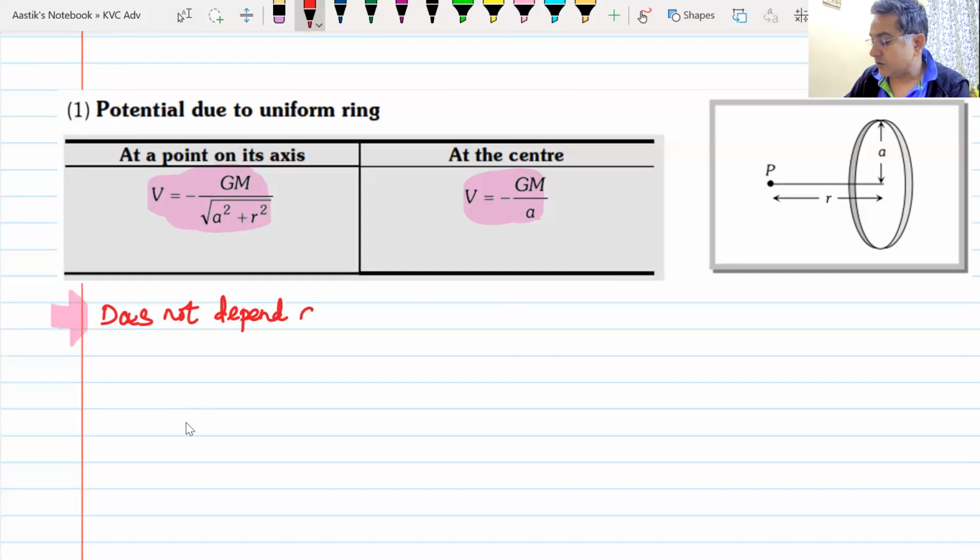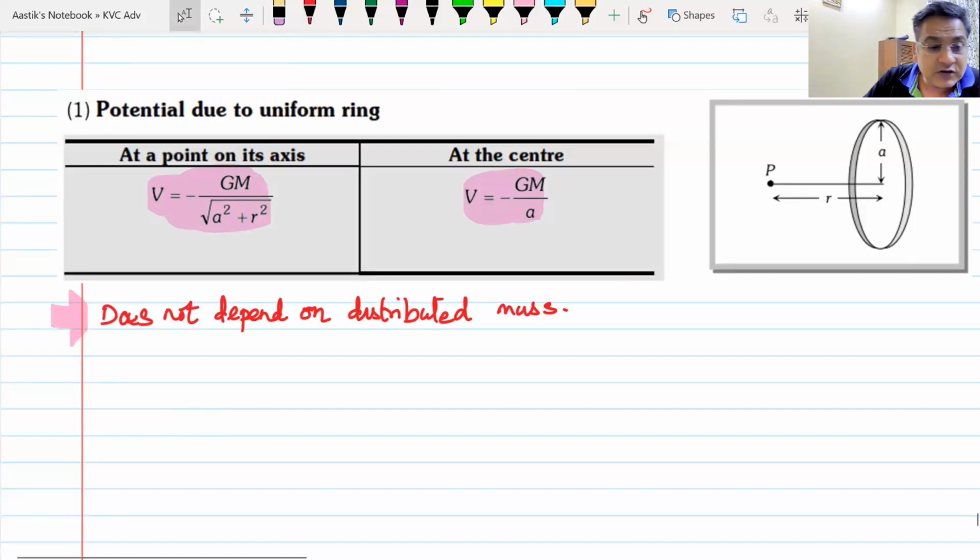No matter how the mass is distributed, if the total mass is M, the potential does not depend on it. If you distribute the mass uniformly, this will be the answer. If you distribute it non-uniformly, the answer will remain the same.